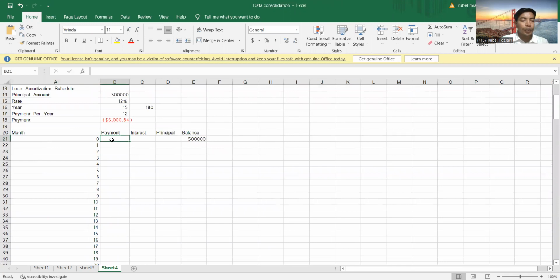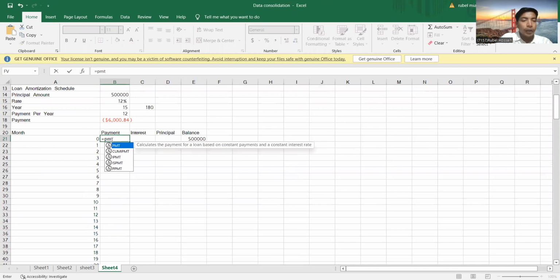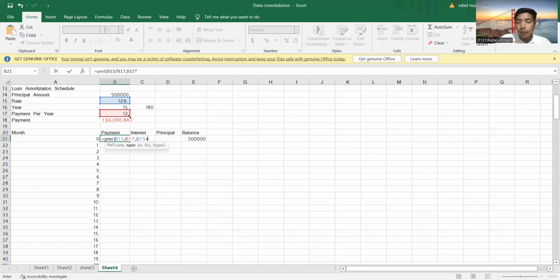Then for payment, again give an equal sign and write PMT, then first bracket, then the rate 12%, divided by payment per year, then comma, then NPER, the number of years multiplied by payment per year.